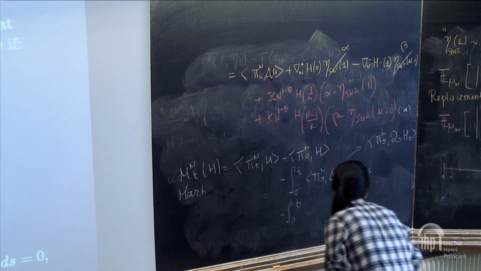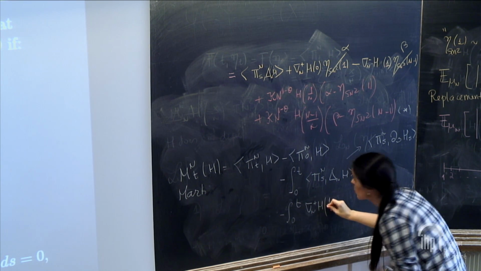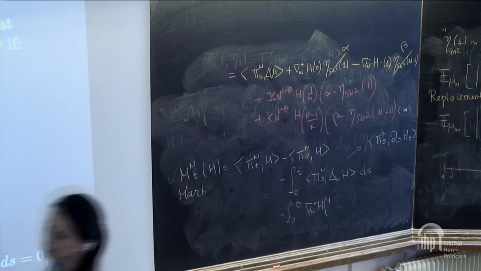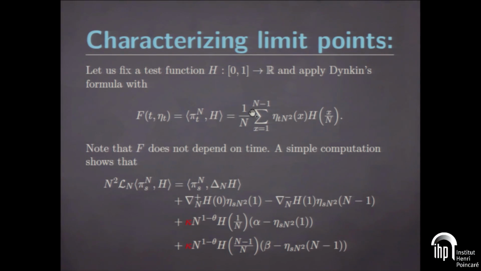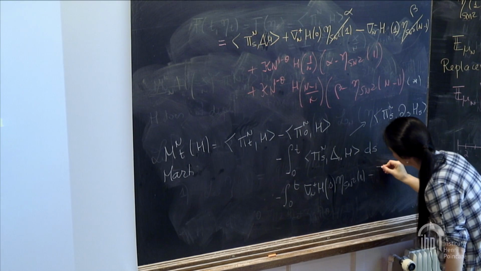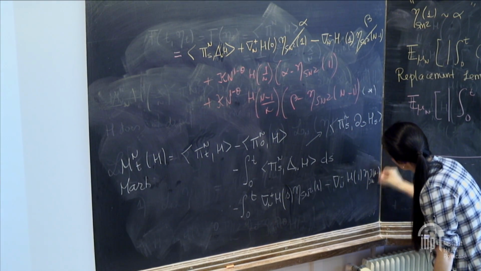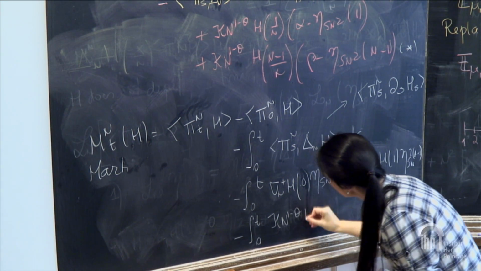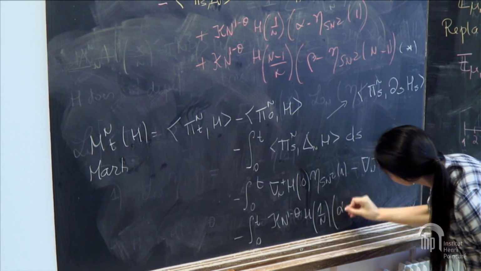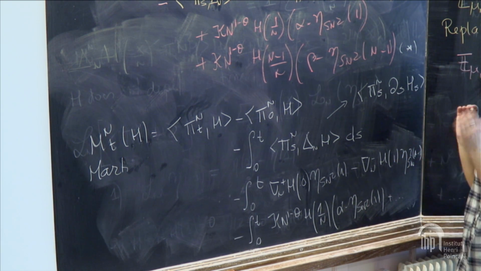It is the integral from 0 to t of the gradient at 0, eta Sn squared at 1, minus the gradient at 1, plus these extra terms, kappa n to the 1 minus theta, and the same for the other reservoir, okay?